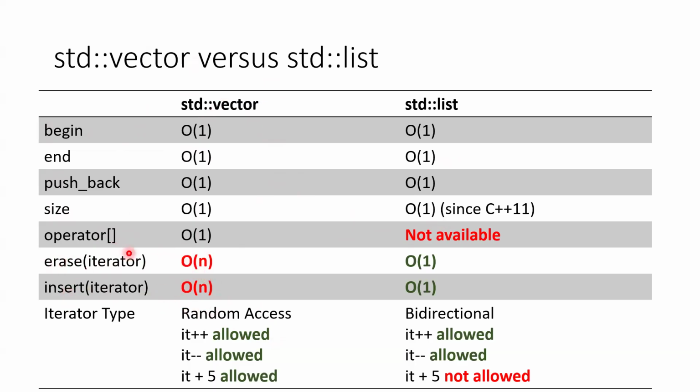Erase and insert with an iterator takes O(n), but only O(1) for lists. The iterator type for vector is random access. The iterator type for list is bidirectional. And this means that for vector, we're allowed to do plus plus, minus minus, plus 5. But plus 5 is not allowed for bidirectional. This only allows for plus plus and minus minus.